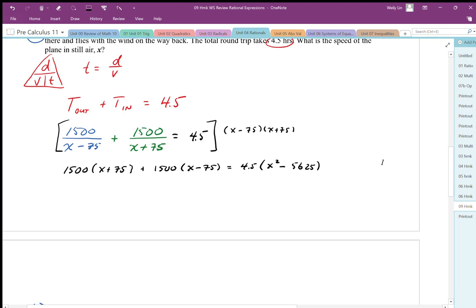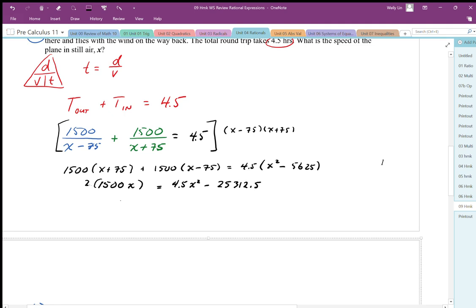The plus 75 times 1,500 and the minus 75 times 1,500 are going to cancel out, so I end up with 1,500x twice, or 3,000x. That's my left-hand side. On the right-hand side, I have 4.5x squared minus 5625 times 4.5, which is a pretty big number, 25,312.5.